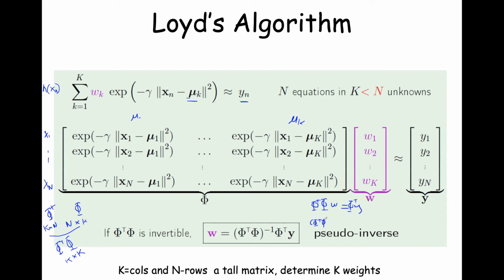So once we do that, we then left multiply both sides of the equality by the quantity phi transpose phi inverse. So we left multiply that on the left-hand side of equality, that's phi transpose phi w. And we also left multiply the other side of equality by phi transpose phi inverse times phi transpose. Forgot the phi transpose, that's phi transpose.